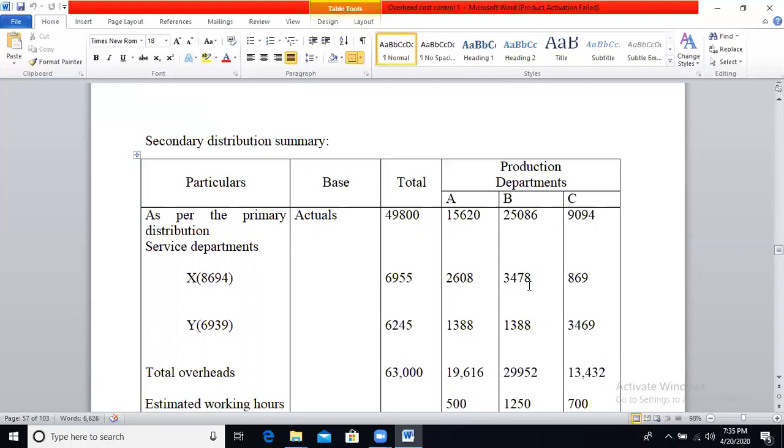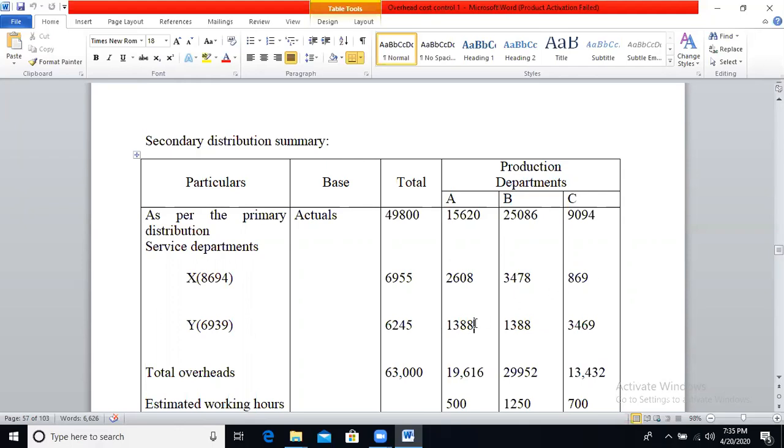So 8,694 into 40%, you will get 3,477.6. We have taken the rounded value 3,478. And like that for department C, 8,694 into 10%, you will get 869.4. We have taken 869 as the rounded value.